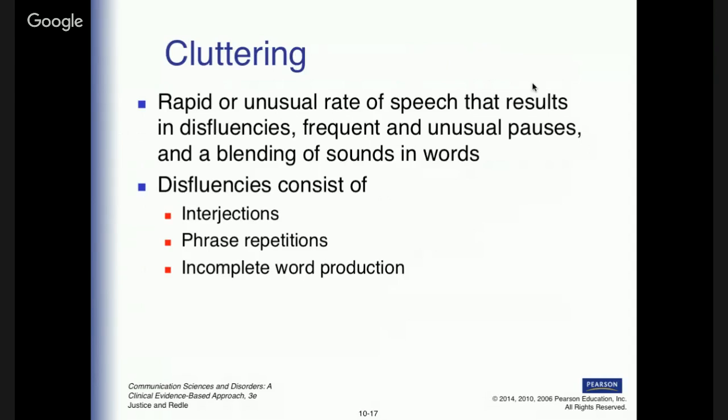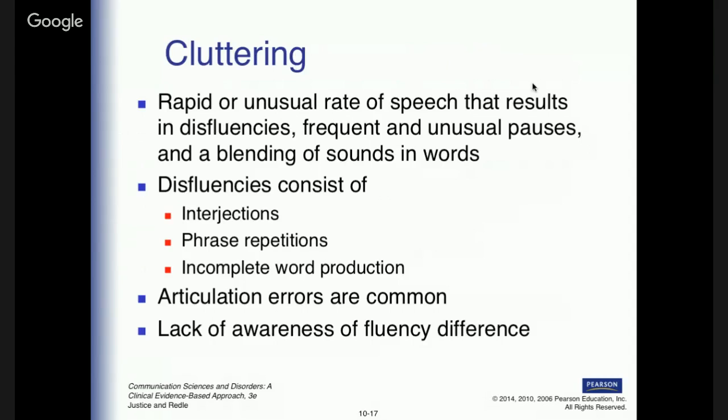So if someone says, like, my refrigerator, it might come out my rerator, my rerator. And the person's like, what? I don't understand what you're saying. And so that kind of plays into, well, people who clutter also are going to be even more likely than people who stutter to have articulation errors.